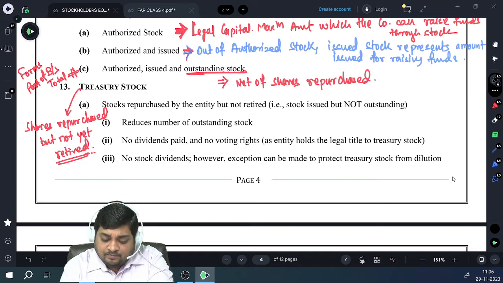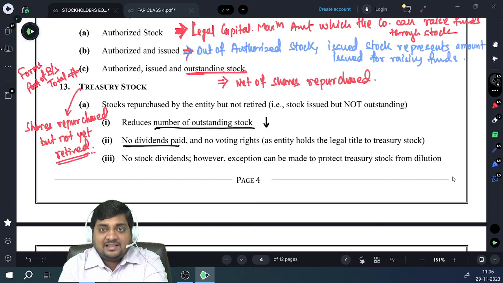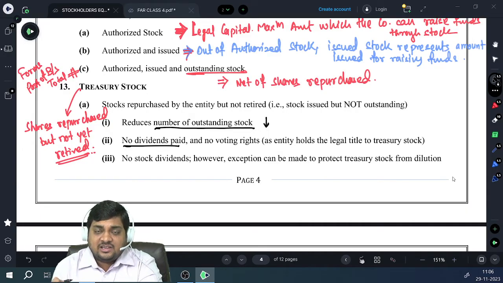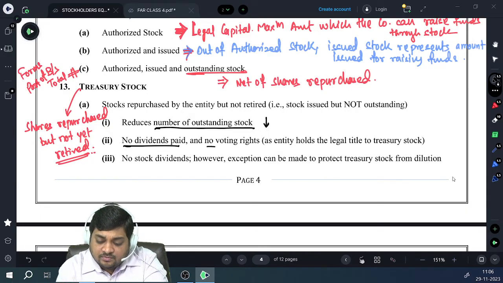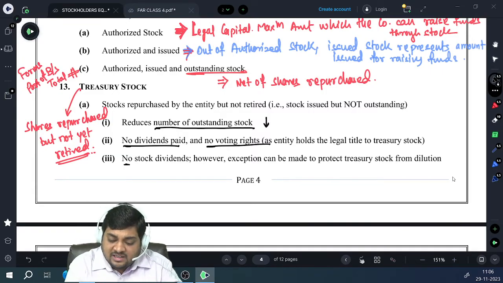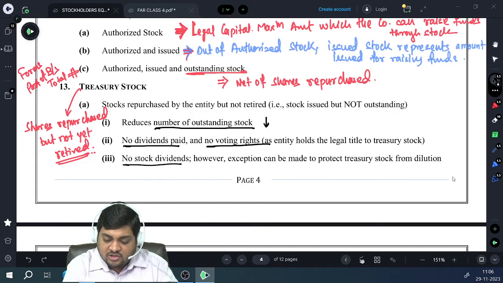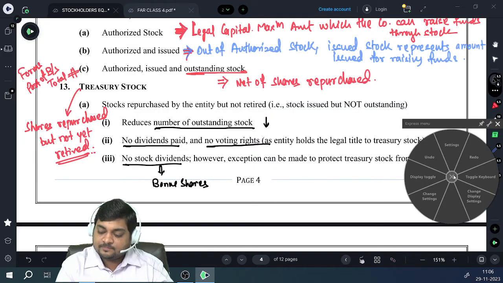Number one, it reduces the number of stock outstanding, right? No dividends are paid till the stock is held as a treasury with the corporation. There are no voting rights, as I am the legal owner, right? No stock dividends, means no bonus shares. Stock dividend means bonus shares, right?